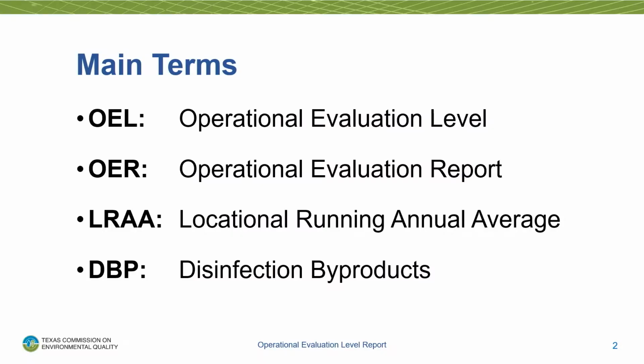Some main terms that I'll use today are OEL for operational evaluation level; OER, which can sometimes be interchangeable with OEL, which stands for Operational Evaluation Report, so that's the document that you submit to us; the LRAA, the Locational Running Annual Average; and DBP, whenever you hear that, think disinfection byproduct.